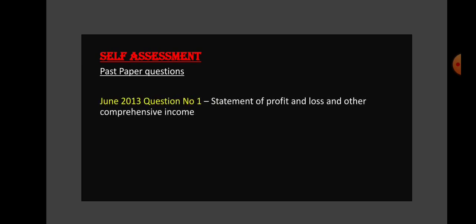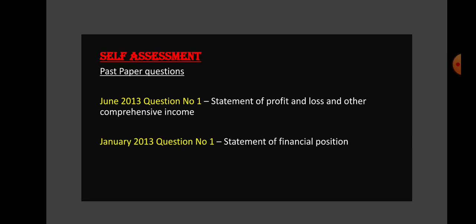First, June 2013, question number 1, where they asked to prepare the statement of profit and loss and other comprehensive income. You need to go through that and classify the expenses into cost of revenue, distribution cost, administration expenses, other income, or finance cost. The next is January 2013, question number 1.